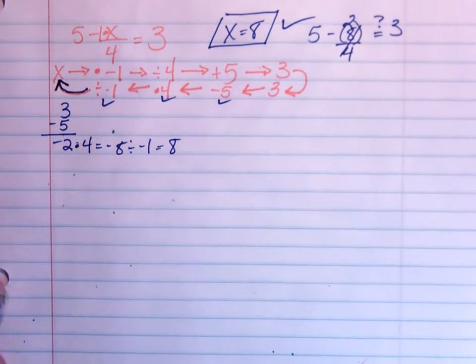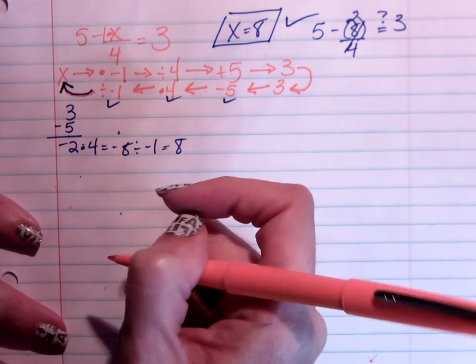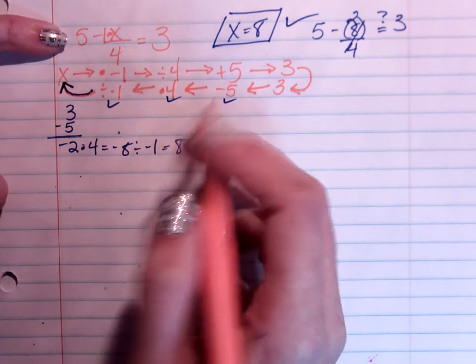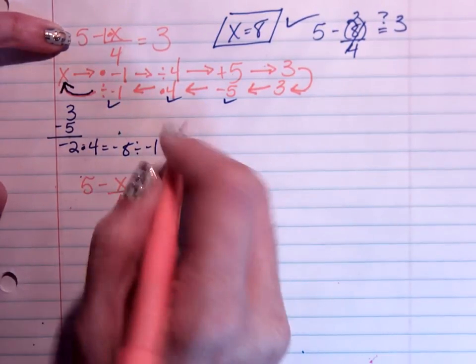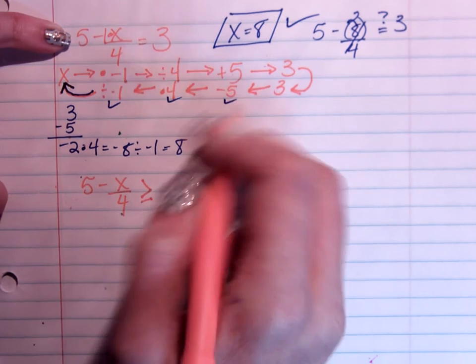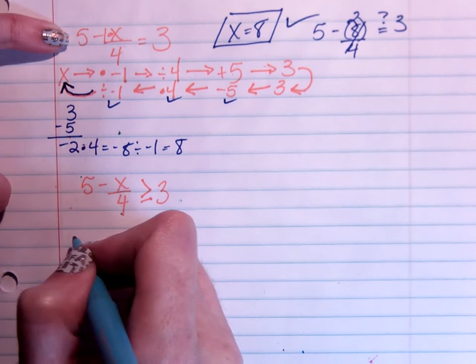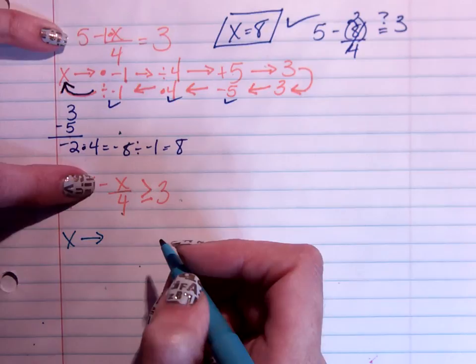Again, we're going to check on one more with an inequality. We'll look at the same one. 5 minus x over 4 is greater than or equal to 3. So again, if I start at x, the first thing that I see happens, and I could change this.